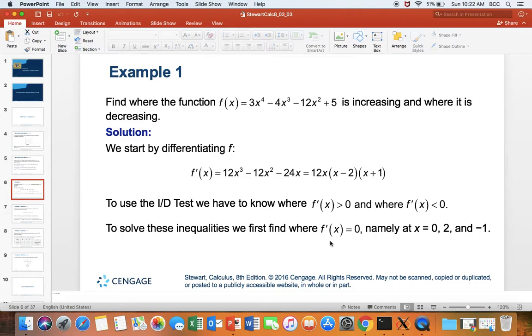Step 2 is to find where the derivative is equal to 0. Where are they equal to 0? This factor gives me x equals 0, this factor gives me x equals 2, and this factor gives me x equals negative 1.